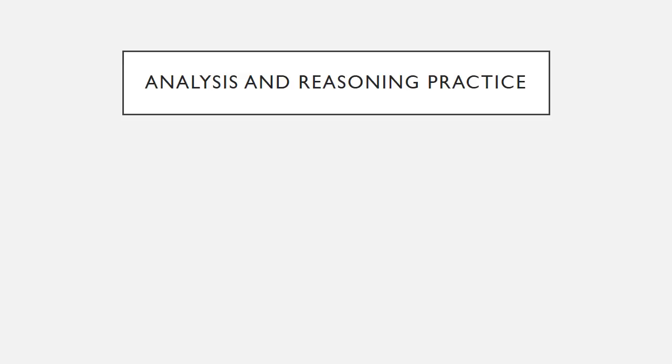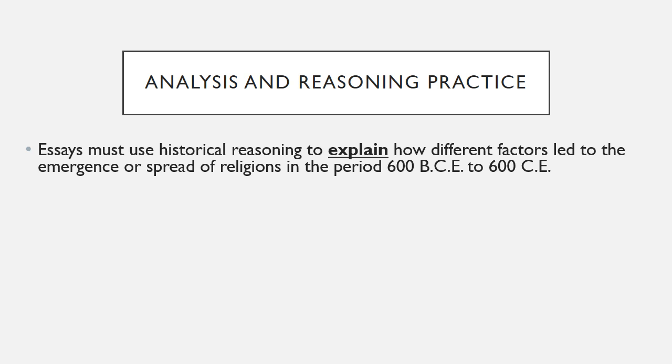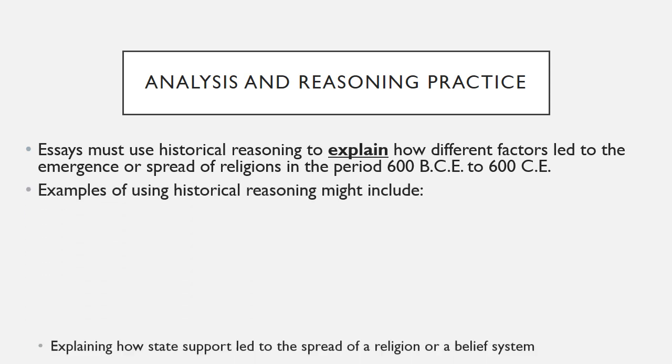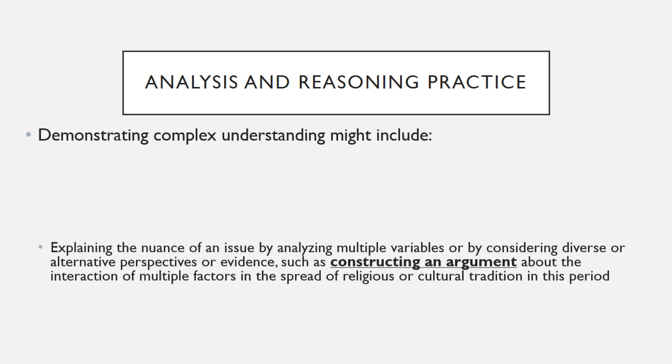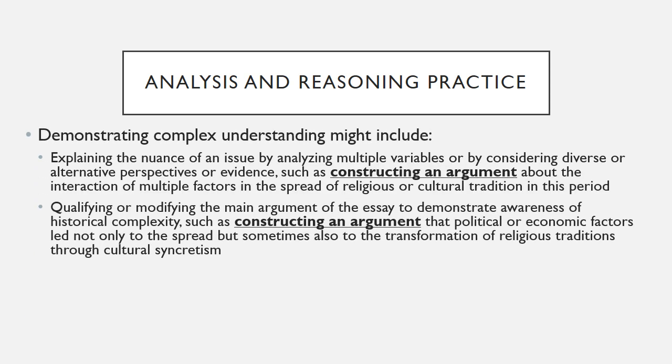Now let's talk about some examples. This is how to get 1 point, okay? I'd rather focus on the 2 points. So, if you constructed an argument about multiple factors of the spread of religious and cultural tradition, which is what we did, if you constructed an argument that went a little beyond, you qualified or modified it.